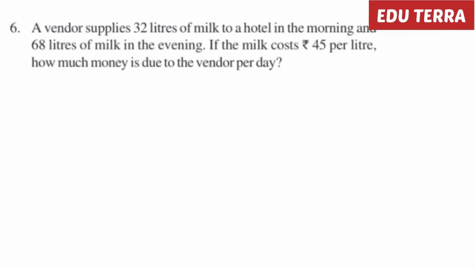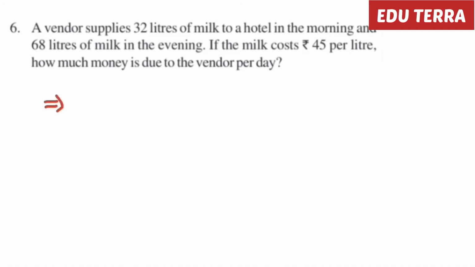Question number 6. A vendor supplies 32 liters of milk to a hotel in the morning and 68 liters of milk in the evening. If the milk costs rupees 45 per liter, how much money is due to the vendor per day? So simplest, just you can use your own language. I will give here the solution.